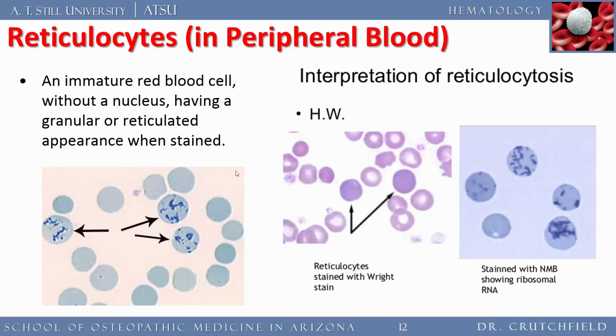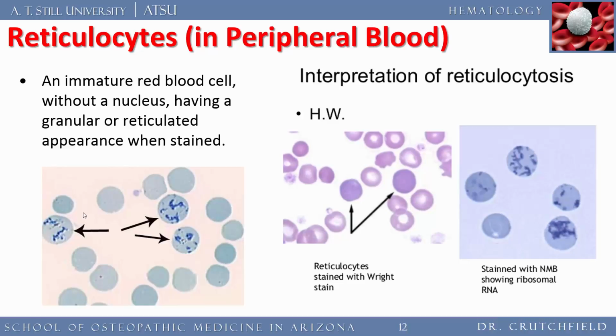So reticulocytes are basically premature or immature red blood cells that don't have a nucleus and have a reticulated appearance when they're stained. So here we can see this reticulated appearance. It's a premature red cell, and basically this is a sign that the body is releasing red cells too early. Now, why would the body release red cells too early? Well, someone is bleeding or has chronic bleeding or chronic anemia and they can't make red cells quickly enough.